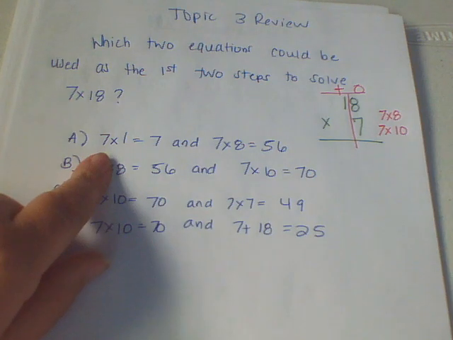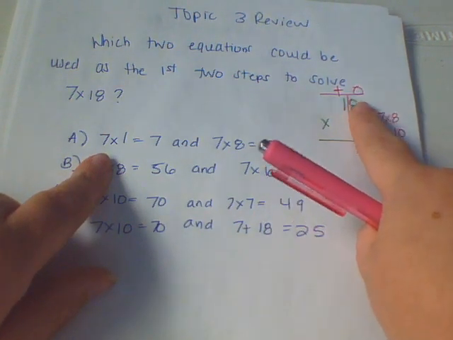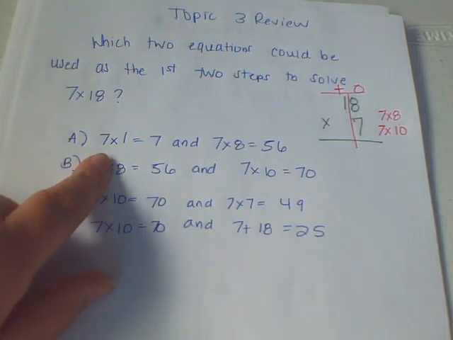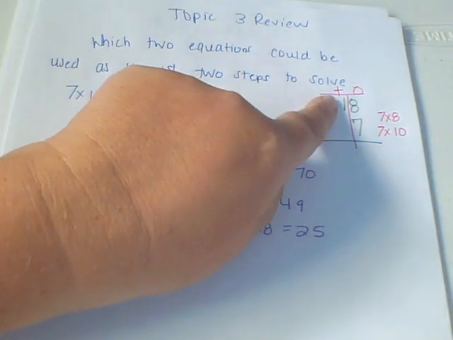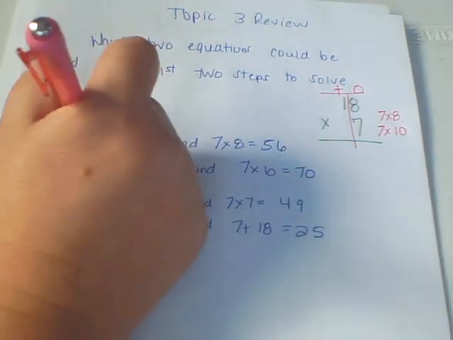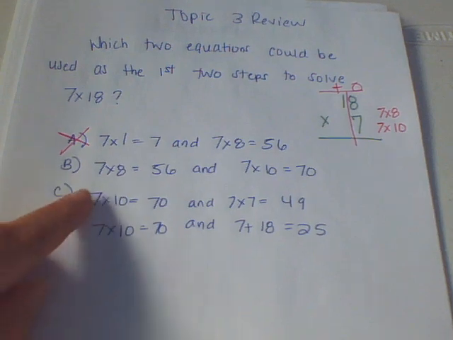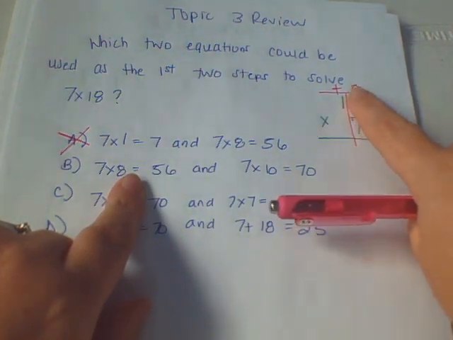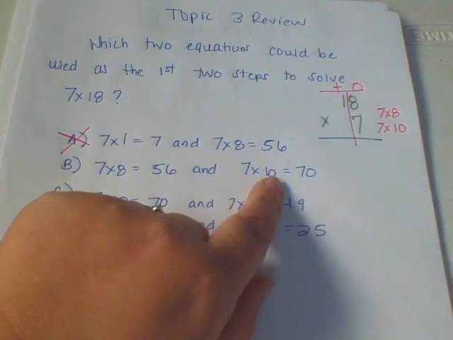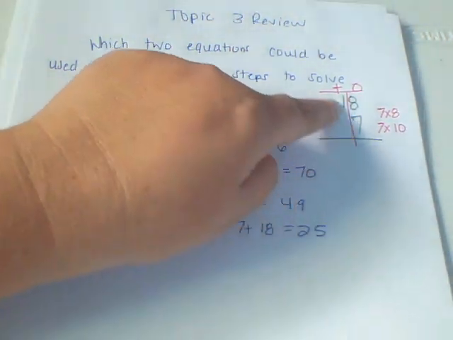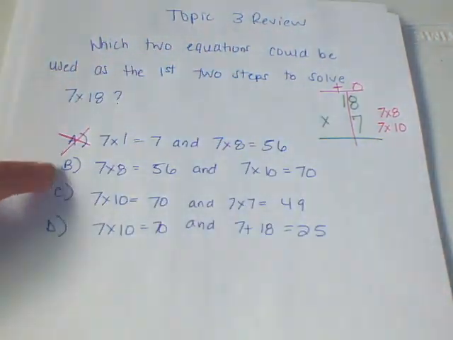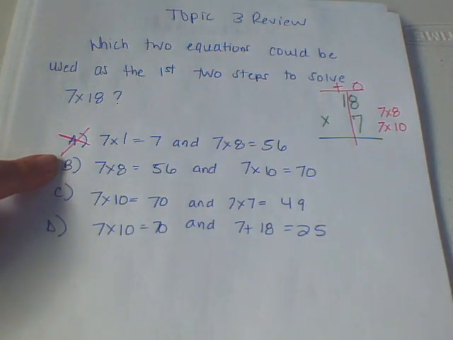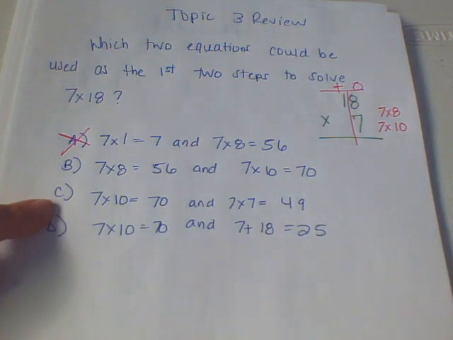7 times 1. Is there anywhere that I had to do 7 times 1? No. I had to do 7 times 10, so this one will not work. 7 times 8. Yep, I did do that in my 1s column. 7 times 10. 7 times 1 ten. I did do that, so this one could work, but let's keep looking. 7 times 10.